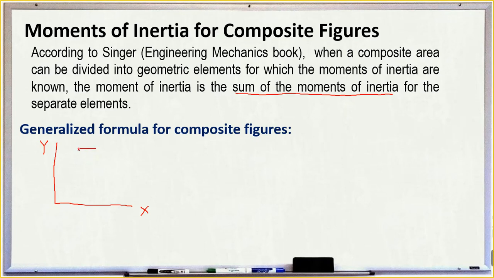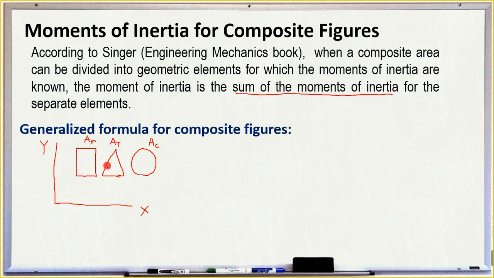Let's say we have here a rectangle, and then we have a triangle, and then we have a circle. Of course, these 3 figures have an area. Let's say we have the area of the rectangle, AR. We have the area of the triangle, AT. And then we also have the area of a circle.